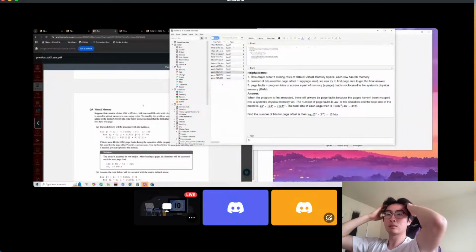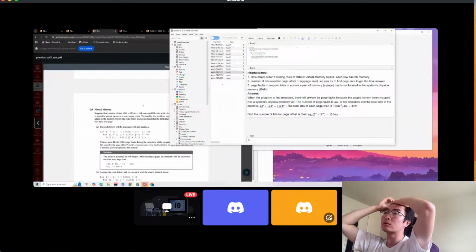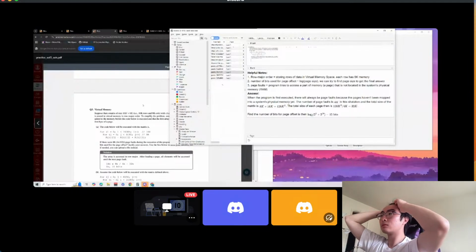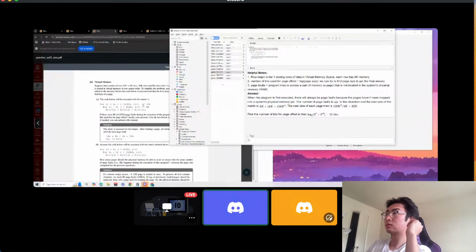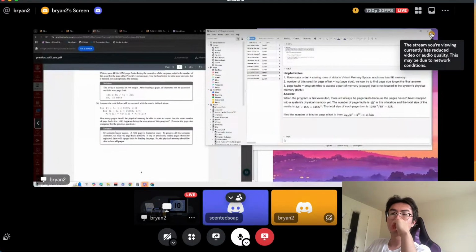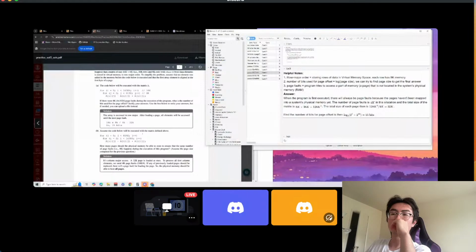It's 32K. After loading a page, all elements will be accessed until the next page fault. So I think I was right.